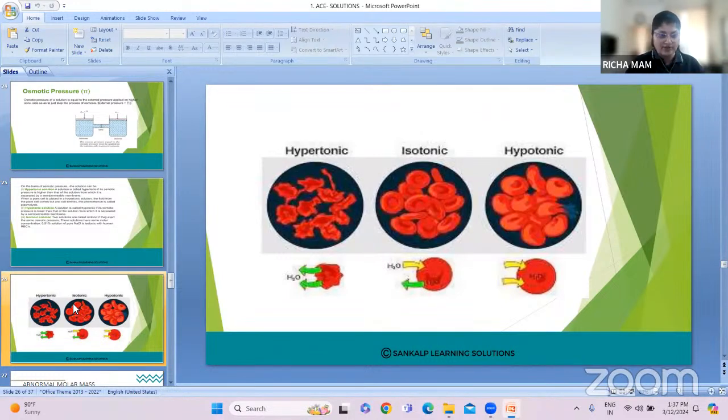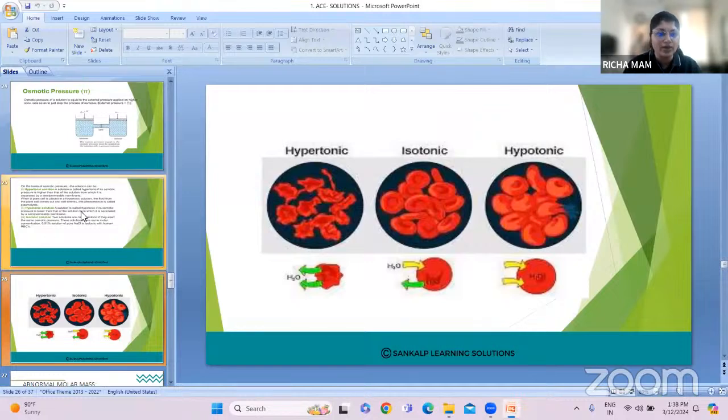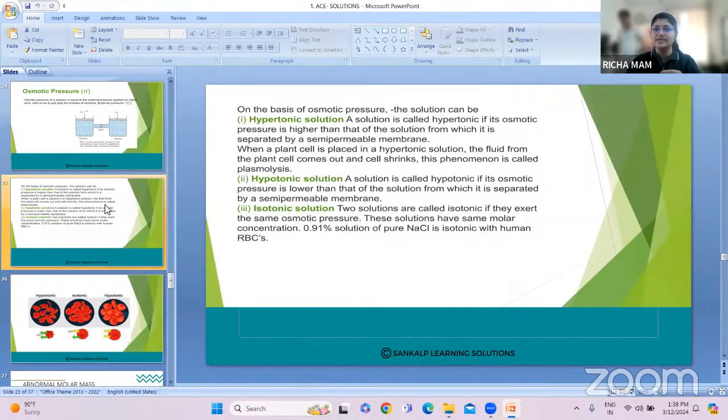So if two solutions have the same concentration, they are said to be isotonic solutions. For example, a 0.91% NaCl solution, that is a saline solution, is isotonic with human RBCs. What is RBC? RBC is your red blood cell. So the saline solution is 0.91%.